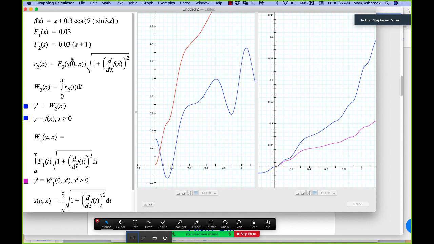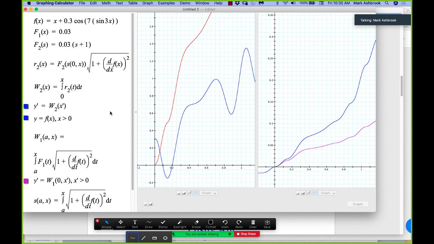I just got a little bit lost when you added... So I understand that for the second rate of change for work, you need to have the second force, which is the varying force. But then why did you add the square root of 1 plus...? Because this is still in terms of s.